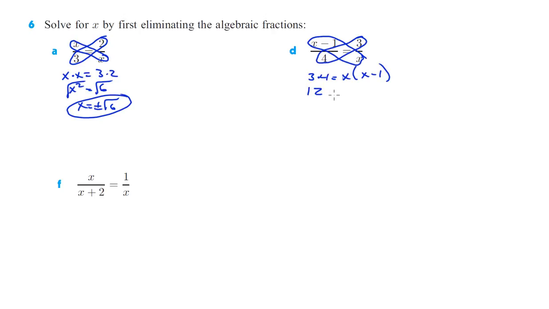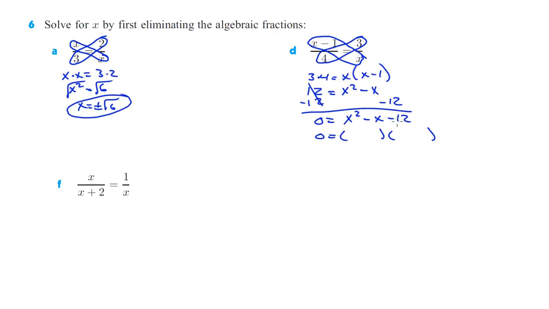Okay, so 3 times 4 is 12. Distribute this x through, and we get x squared minus x. Let's move the 12 over here to the right side, so we get 0 on one side. So we get 0 equals x squared minus x minus 12. Right? And then now we can factor this thing. Since the leading coefficient is 1, we can do the little backwards technique.